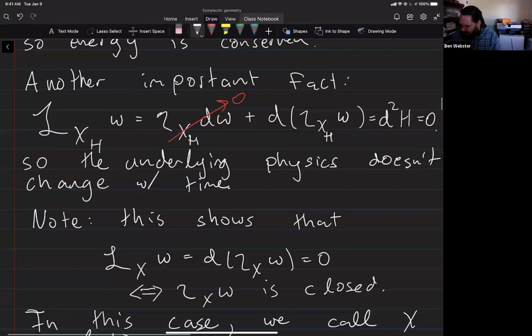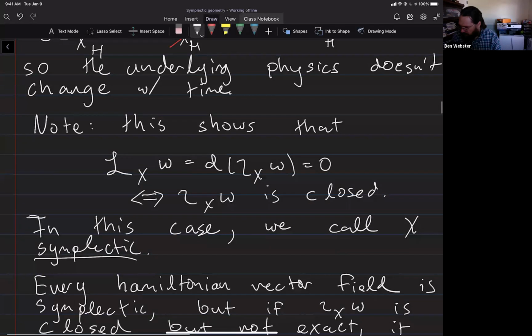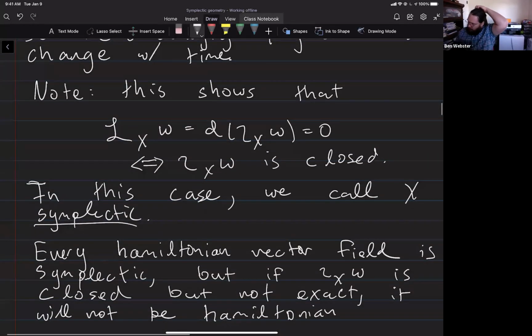All right. If you run this equation backwards, it tells us something interesting. So what if we took a vector field X?